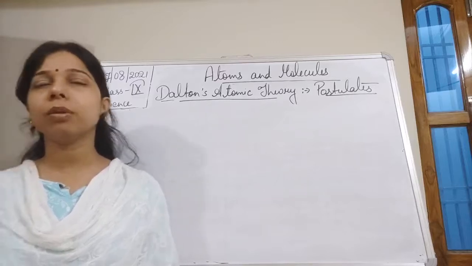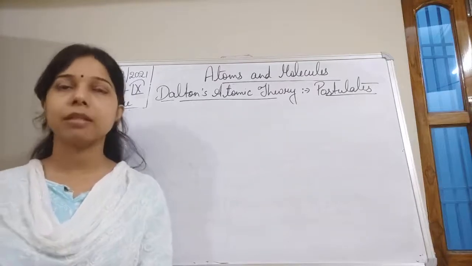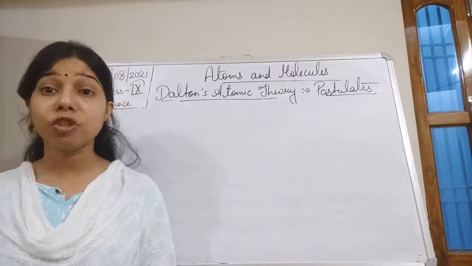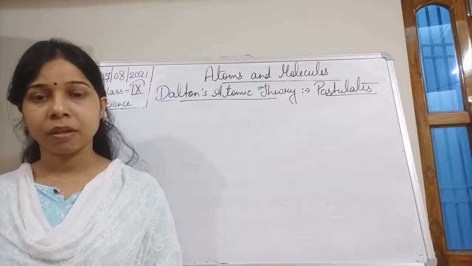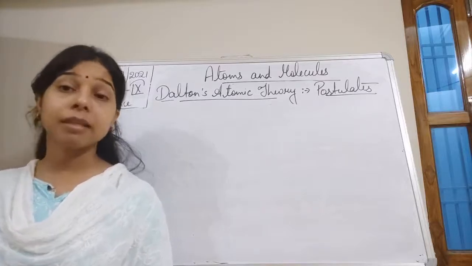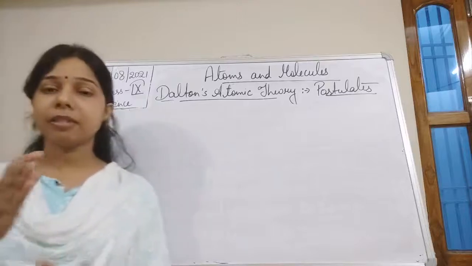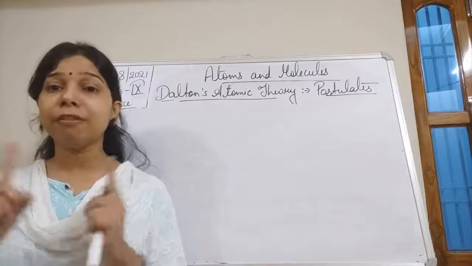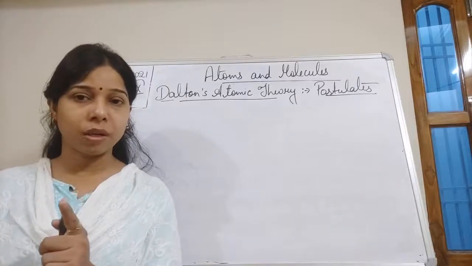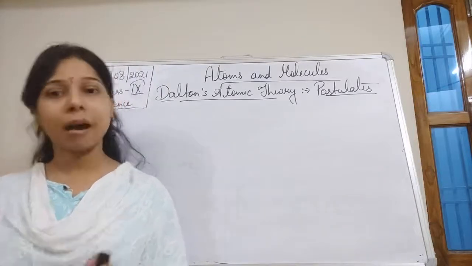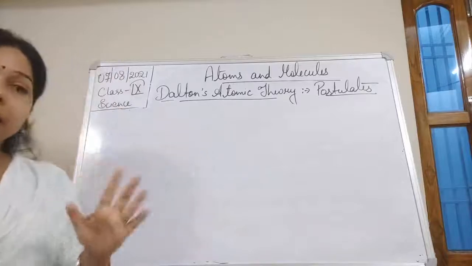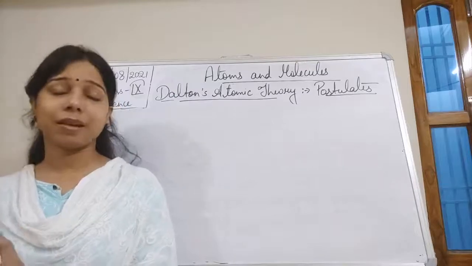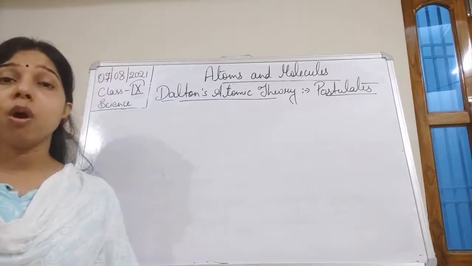We said that if an element is made up of the same atom, it may have a different mass or the same mass and same properties. An element made up of different atoms, meaning two different elements, has a different mass as well as different properties. But this postulate also has its drawback.